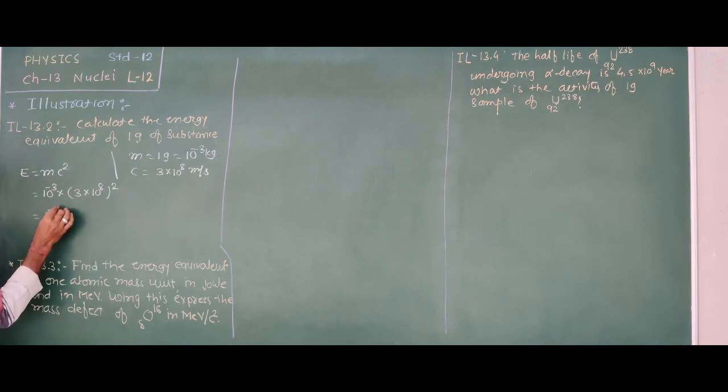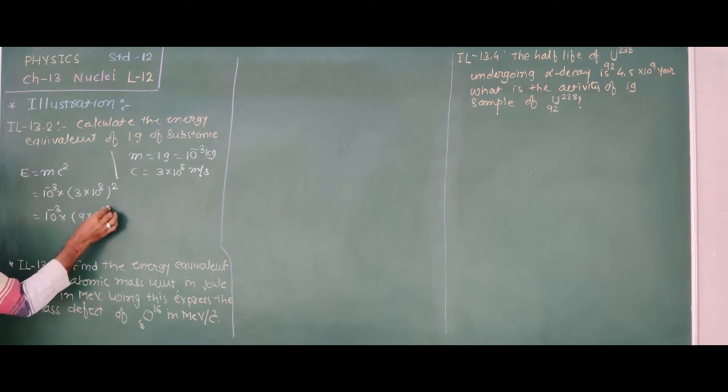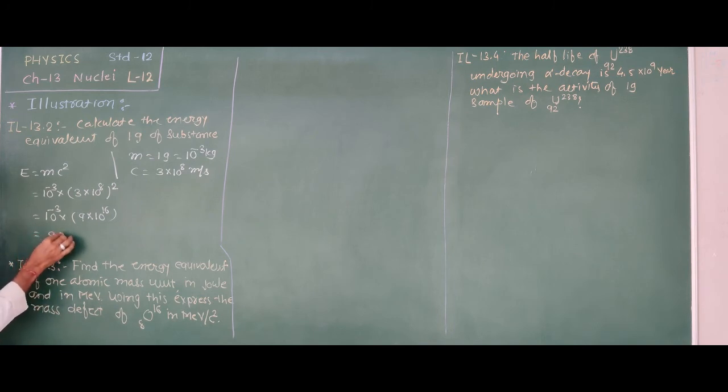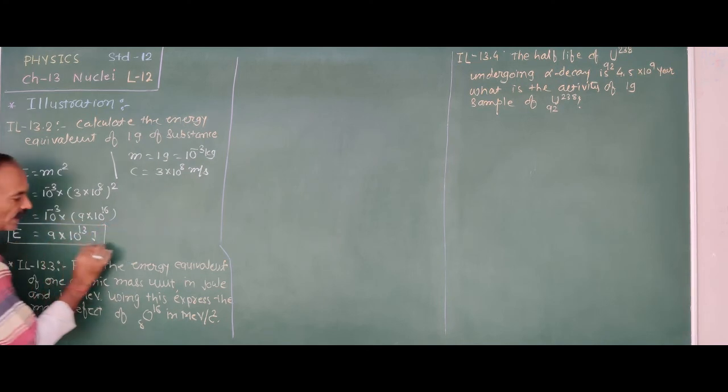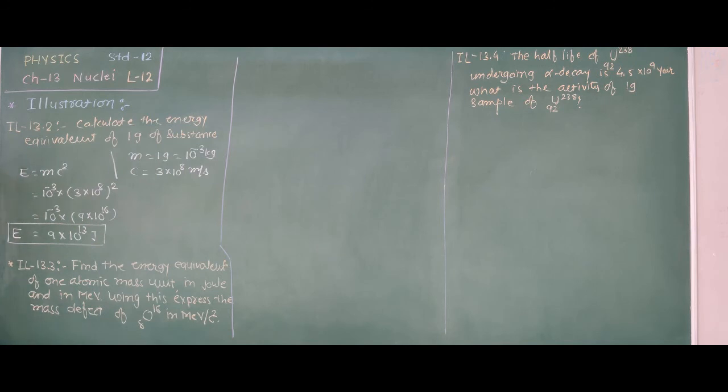Therefore, 10 raised to minus 3 into the square of 3, which is 9, into 10 raised to 16. Therefore, 9 into 10 raised to 13 joule. That is the energy equivalent of 1 gram of substance.